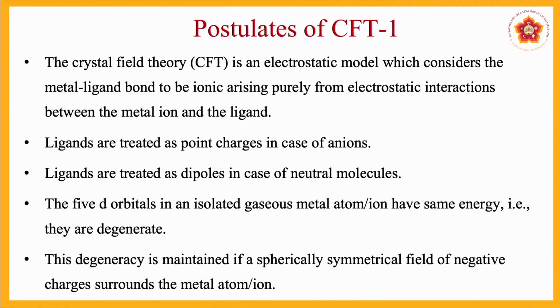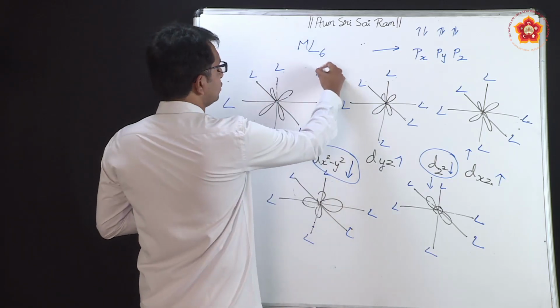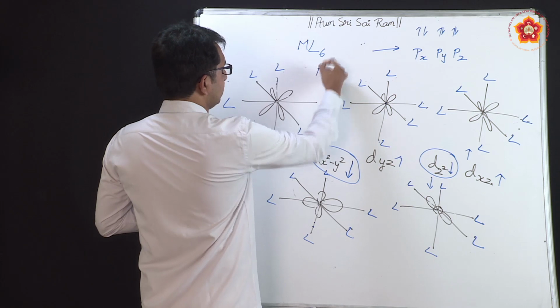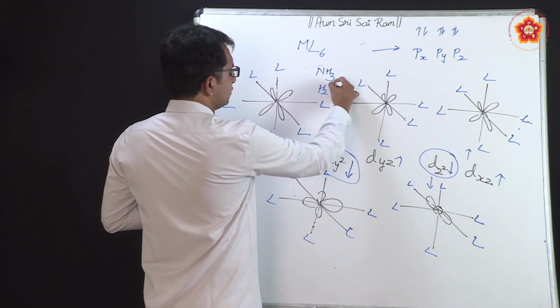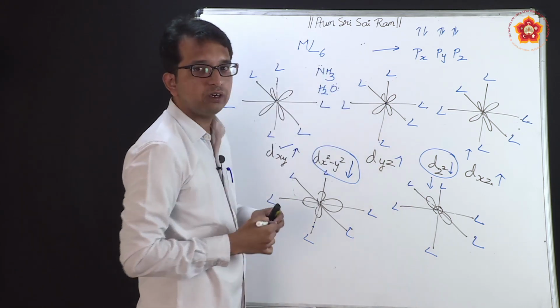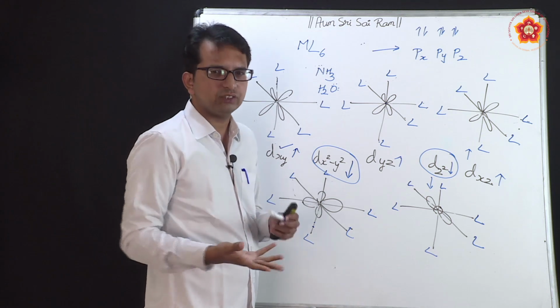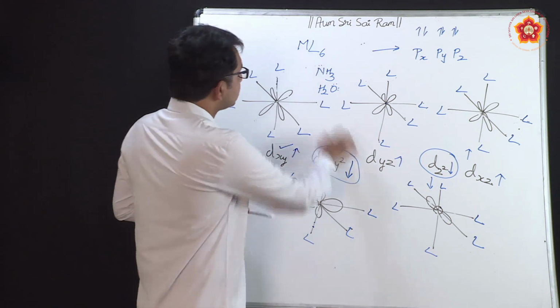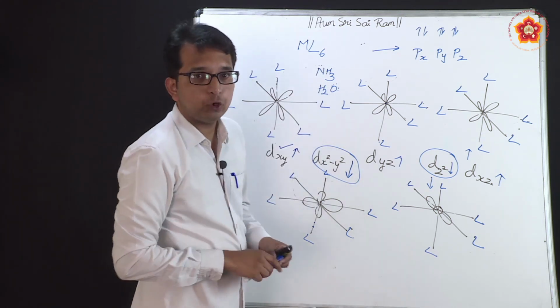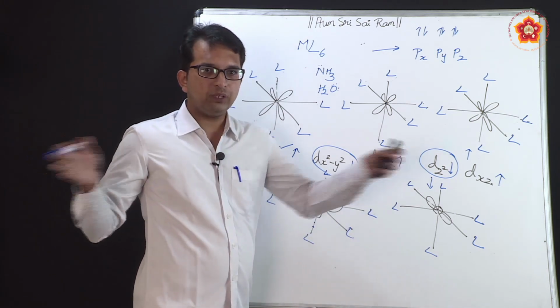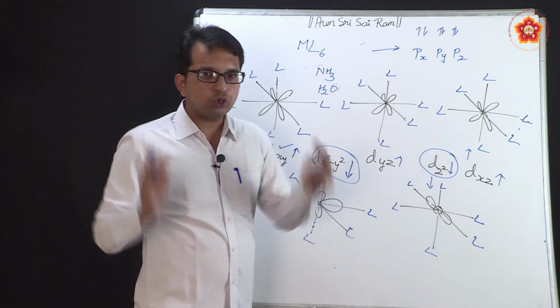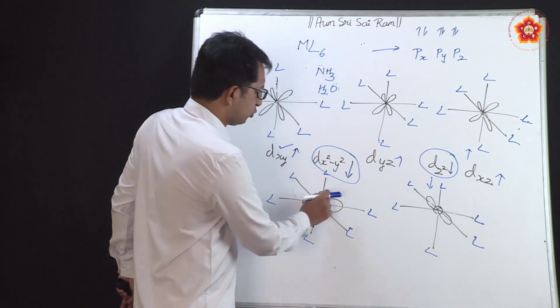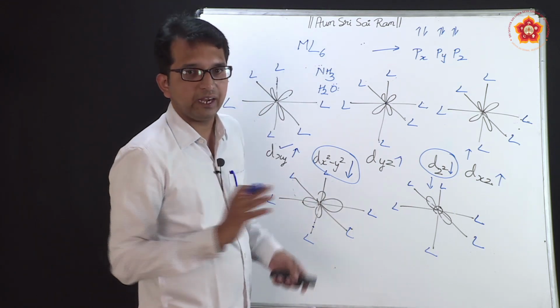The third point here says that ligands are treated as dipoles in the case of neutral molecules. Now these neutral molecules, which examples of neutral molecules have we seen? We have seen NH3 which has a lone pair of electrons, we have seen water which has a lone pair of electrons, which means that they do not have charges, and that is why they are present as dipoles. Now what do you mean by dipole? Di, two. Pole means something which are apart. So those dipoles can attack the central metal ion as ligands.